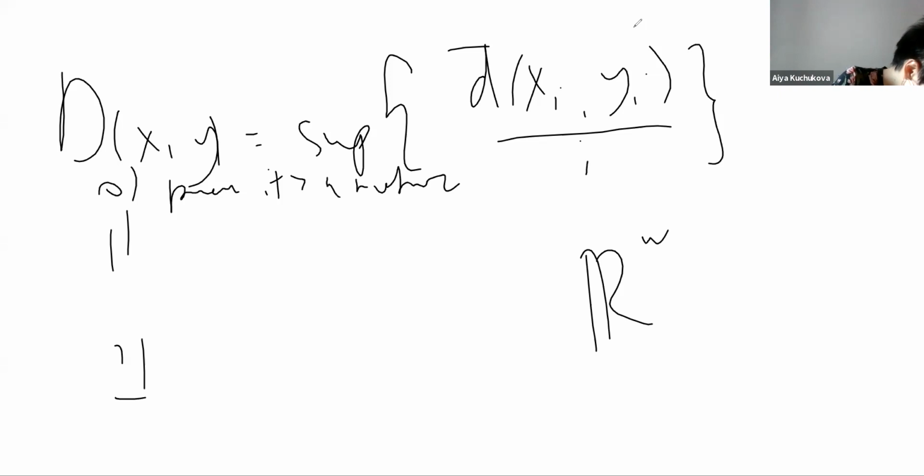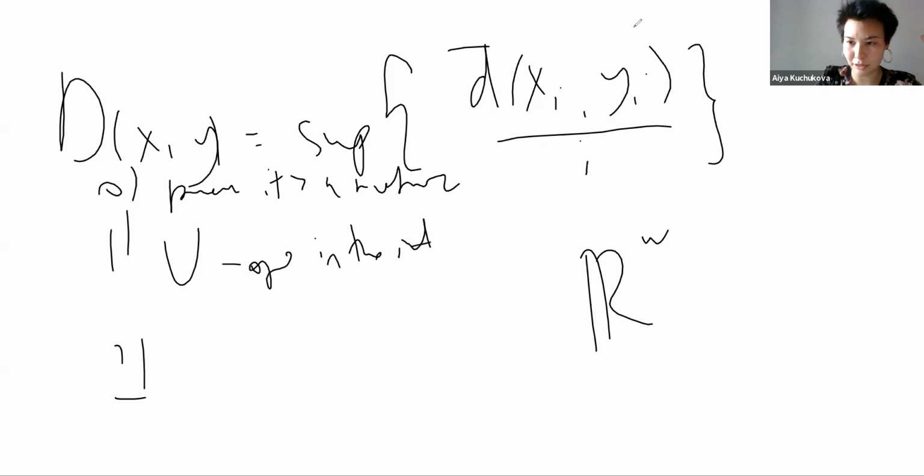We did a cool thing. Basically, we wanted some U which is open in the metric topology, meaning the topology induced by D, right?